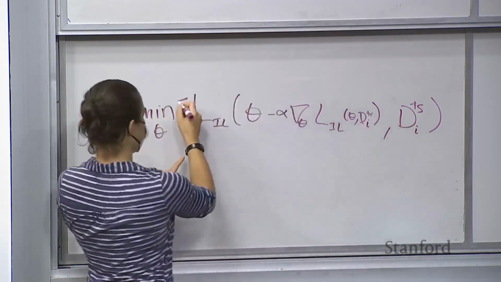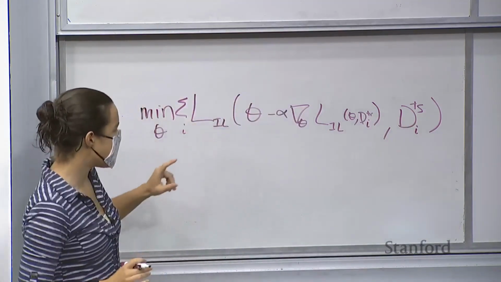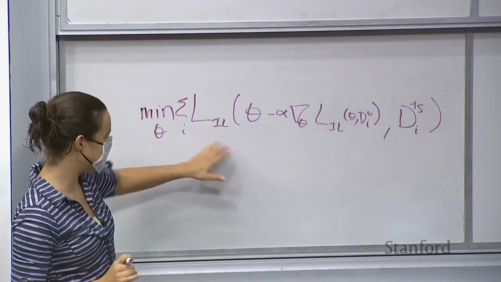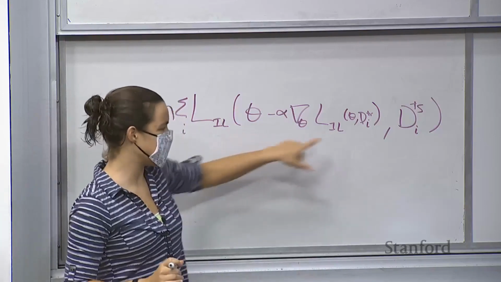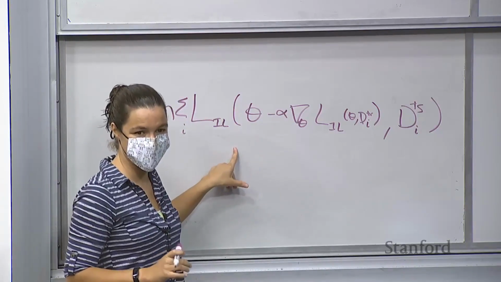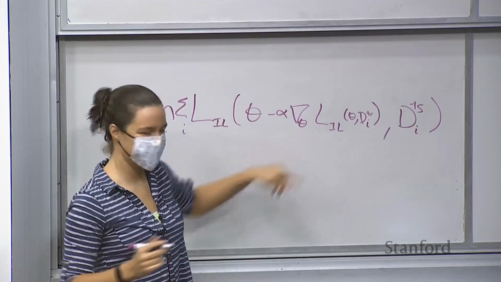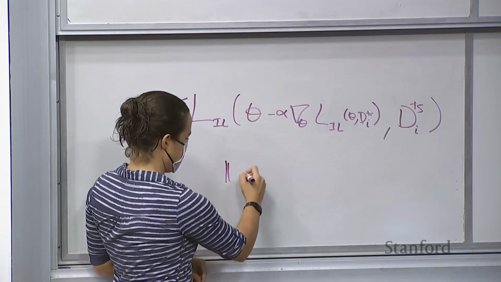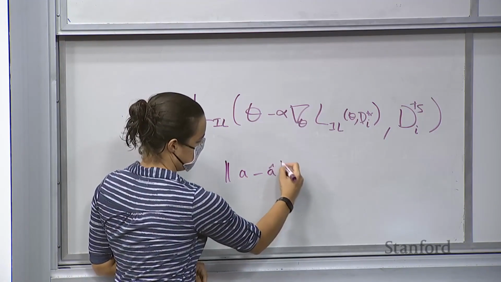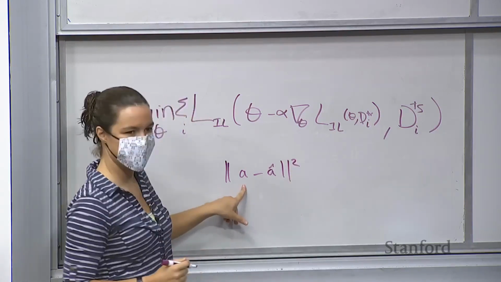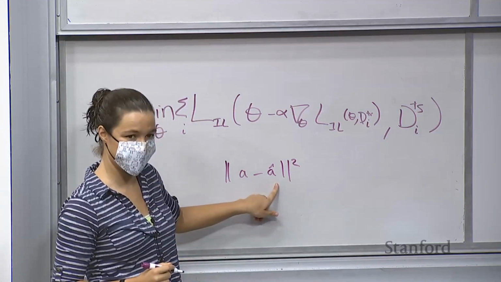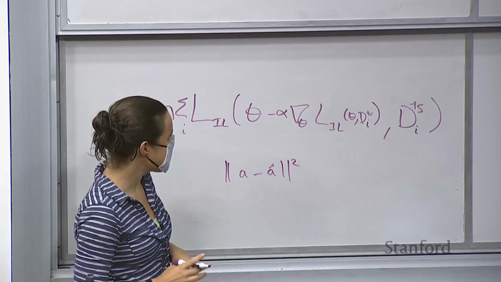This is over all of your training tasks. And so if you have the demo in both the inner loop and the outer loop, then you can use an imitation learning loss function, which essentially just corresponds to something like mean squared error between the true action and the predicted action for a given state.